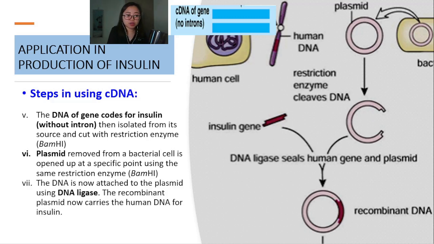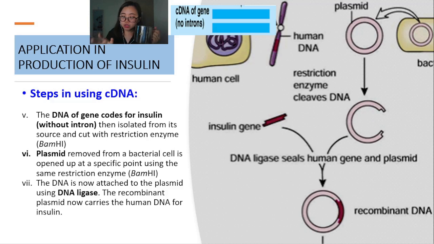DNA is now attached to the plasmid using DNA ligase. Sekarang saya kasih campur. Okay, kasih campur. Now the cDNA is mixing with the plasmid. And then I will add DNA ligase. Campur DNA ligase. Now in here I have plasmid that have the cDNA gene, which is now called recombinant plasmid.